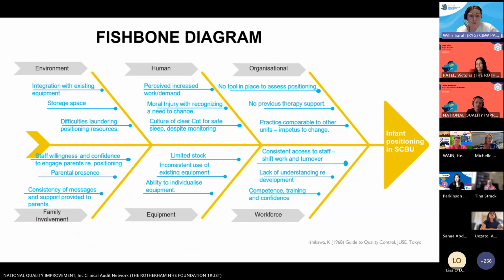So I did use a fishbone diagram to break down some of the factors that were affecting current practice in this area. Something that I was really aware of when using this tool is it was really helpful to identify all the causes, not just the obvious ones, and that was going to be really helpful for planning the implementation and the changes.